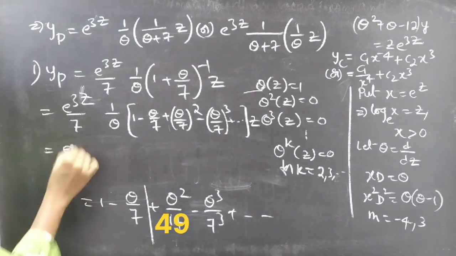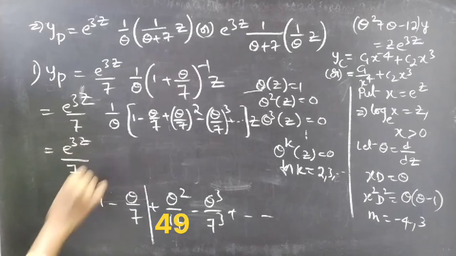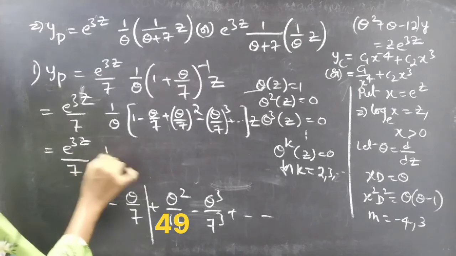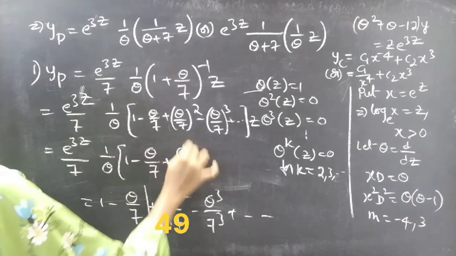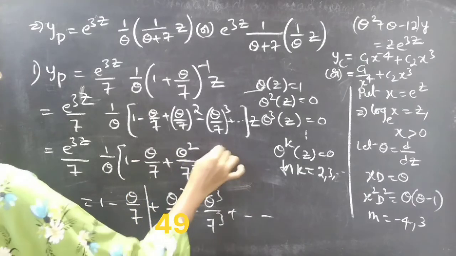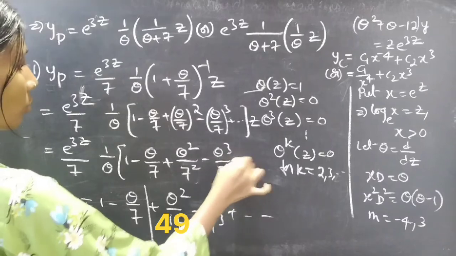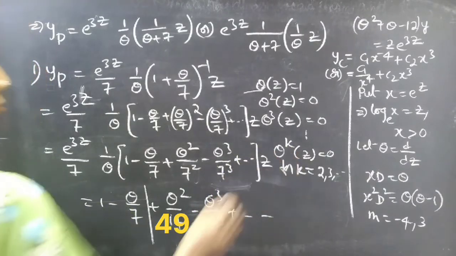This becomes e power 3z by 7 into 1 by theta into 1 minus theta by 7 plus theta square by 7 square minus theta cube by 7 cube plus so on into z.